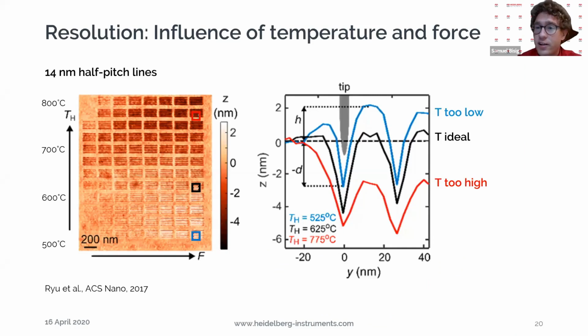After the tip and the resist, we still have a parameter space of temperature and force. You can see here when we make this map, varying the temperature and the forces for our operation, we have three regimes.